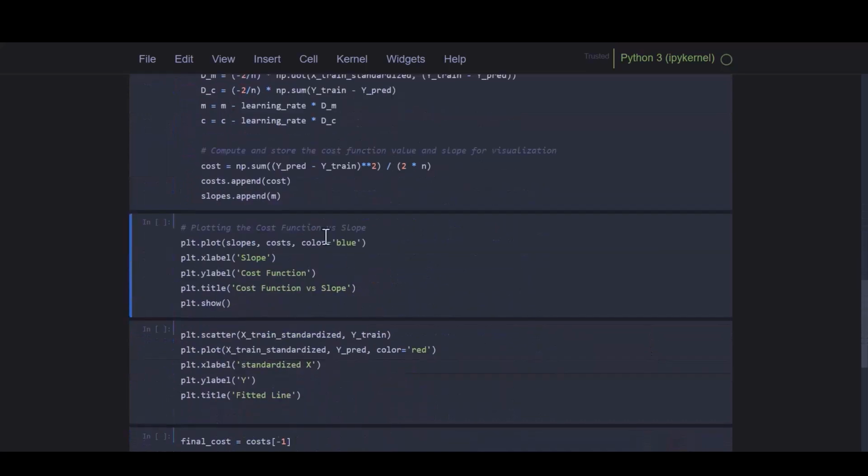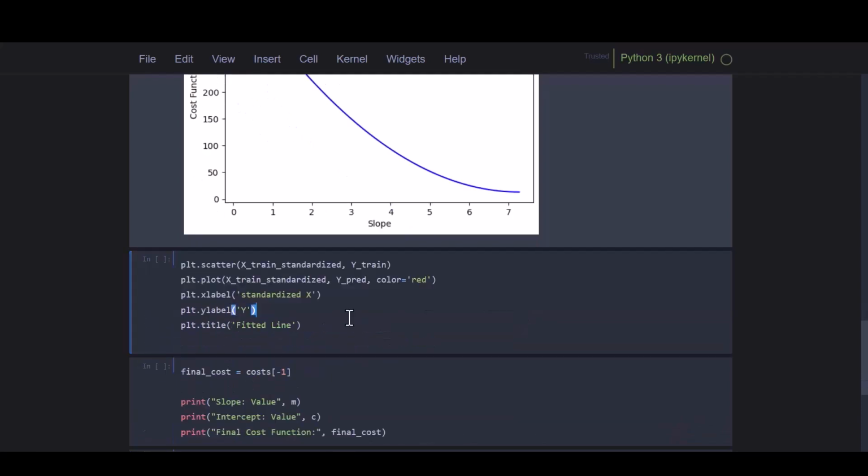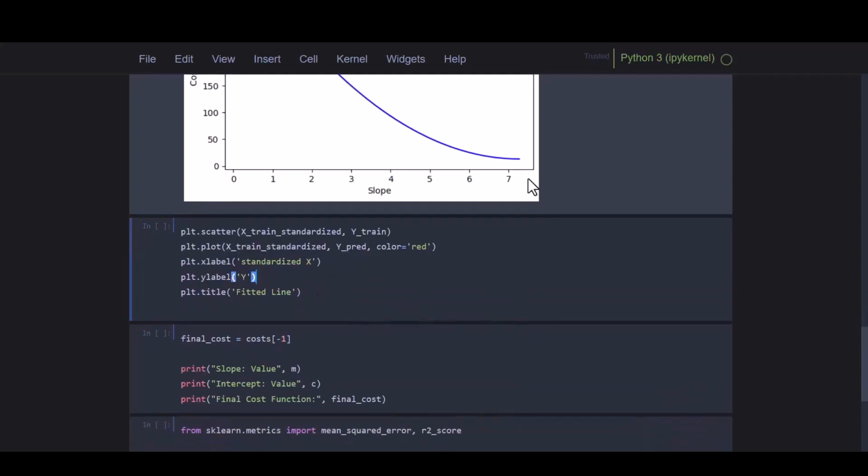Now we are going to visualize the gradient descent graph. So here we are able to visualize the gradient descent graph. The graph gets the global minima point near here. So our cost function value will be very minimum when the slope value is near 7. So let's visualize the best fit line when we have generated the global minima.